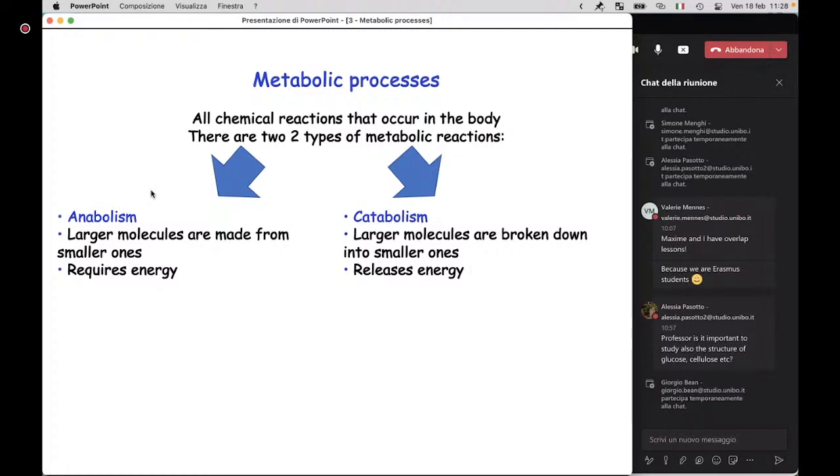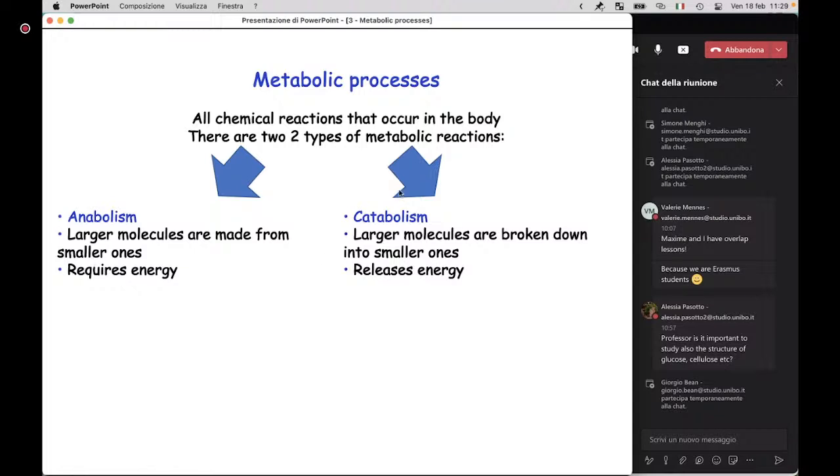So up means building something. When we talk about anabolic processes, we mean that we use small molecules in order to produce larger molecules. And this is a process that requires energy. We have to form new chemical bonds, and this requires energy.